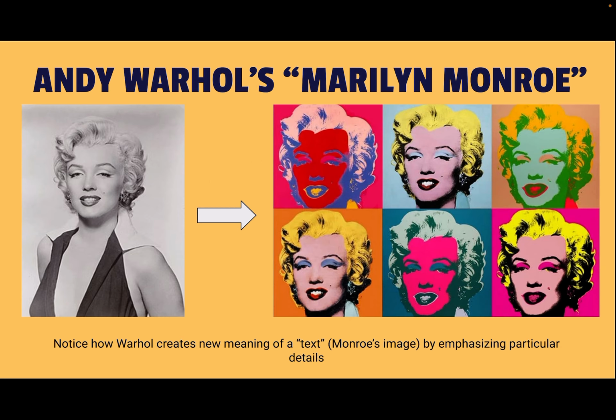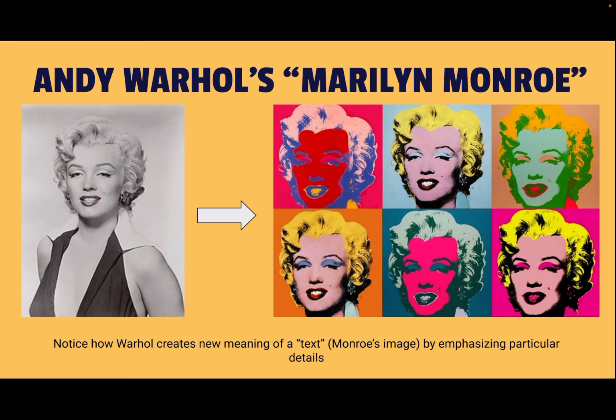So if you look here, for example, we have the image of Marilyn Monroe on the left-hand side, the original image, and on the right-hand side is an Andy Warhol depiction. In changing the color aspect ratio of this image, different details of Marilyn Monroe's face, hair, things like that are highlighted.